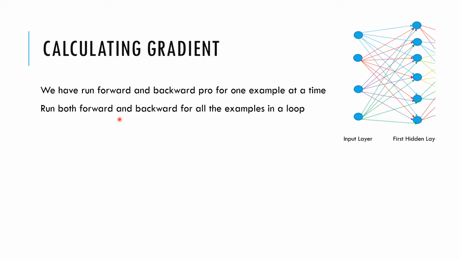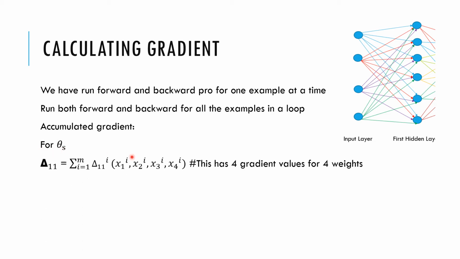So we run both forward and backward propagation for all the examples in a for loop to get the accumulated gradient. Let's take the example of thetas. How do we calculate the gradient? What we calculated was the error terms.